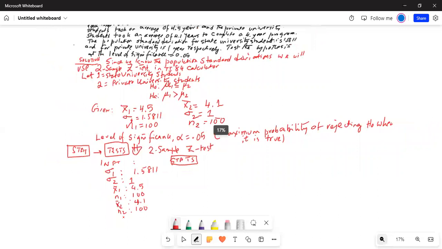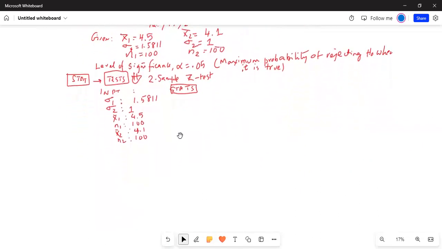But before we do that, I'll create some space. Okay. N2 is 100. Then the next line is the alternate hypothesis, mu1. Okay. And we know our alternate is mu1 greater than mu2.